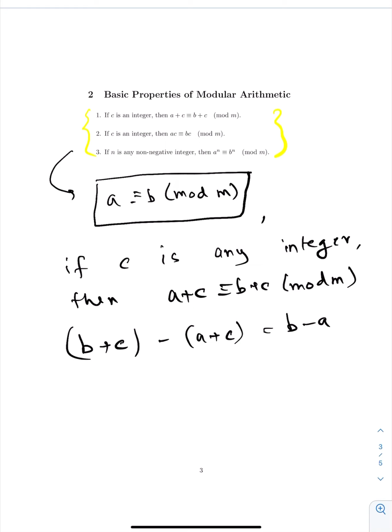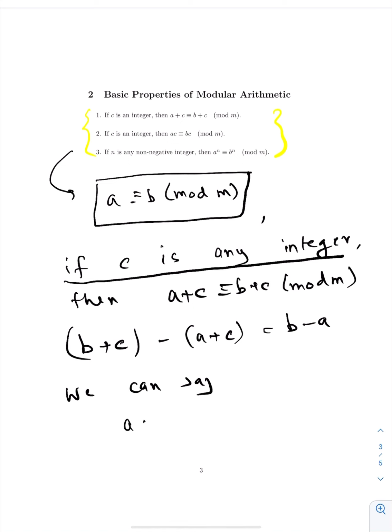Another basic property: considering c is an integer again, we can say that ac is congruent to bc modulo m. It's very easy to understand why, because if I do bc minus ac, then what I get is this thing.